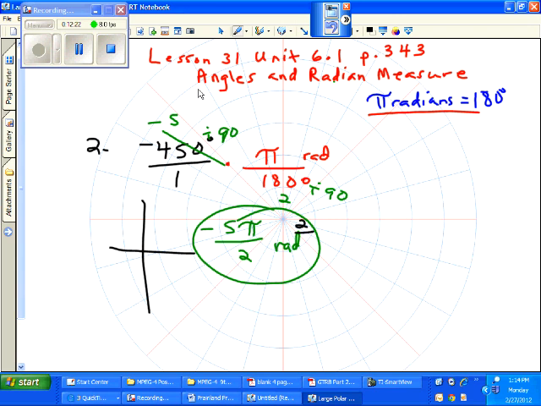This is 2 over 2 and 2 over 2 and 1 over 2, right? Now we're going negative. 2 over 2 is that, right? Another 2 over 2 is that. And a 1 over 2 is that. See where we did? Okay.